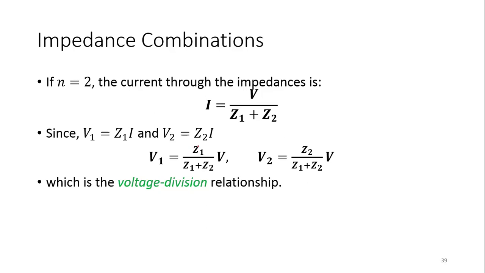Only we were using R instead of Z there, because the inductive or capacitive elements had no significance there. We were treating them as a short circuit or open circuit. So this is a similar kind of relationship.